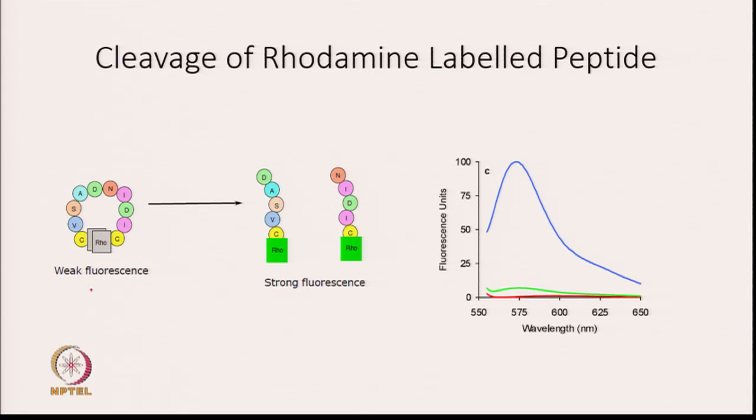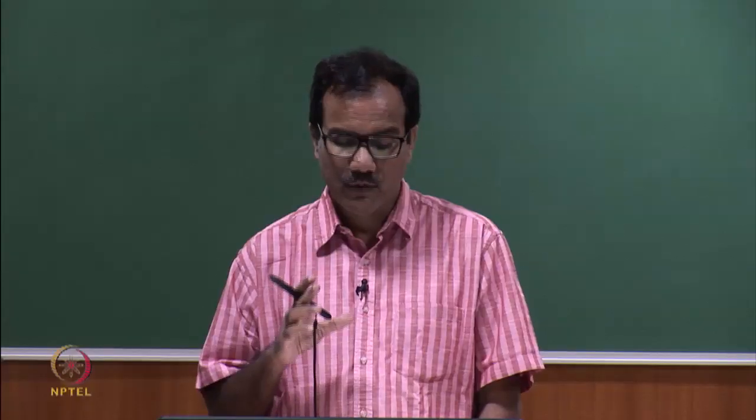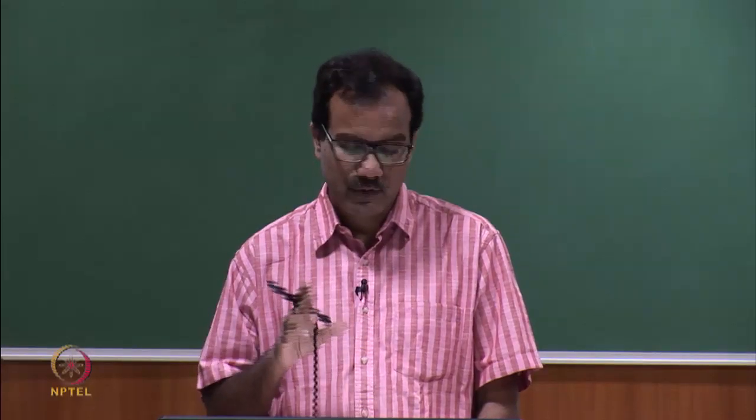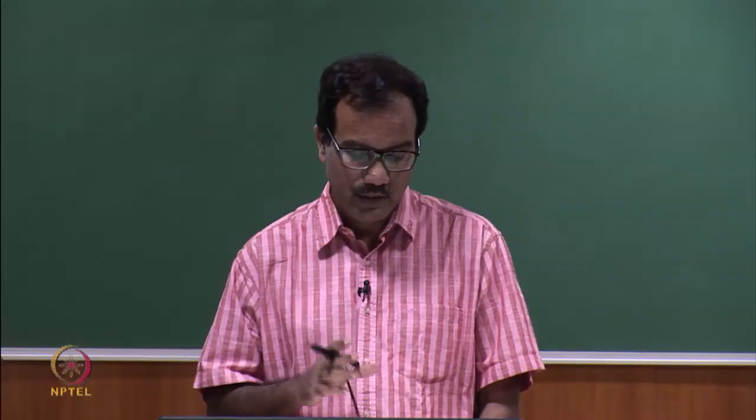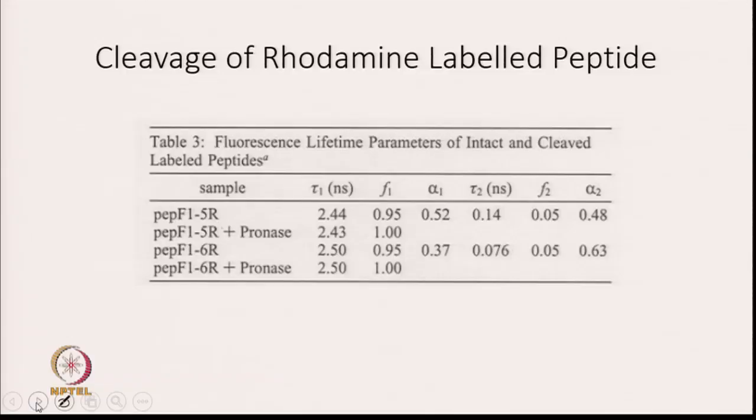It has weak fluorescence when it is not cleaved, but if I cleave it, then there is a strong fluorescence, which is shown here. So, this is strong fluorescence when it is cleaved, and this is weak fluorescence when it is not cleaved. Now, if I just look at fluorescence intensity, what we are going to see is whether it is cleaved or not cleaved.